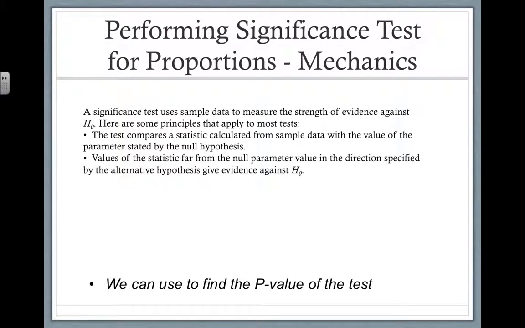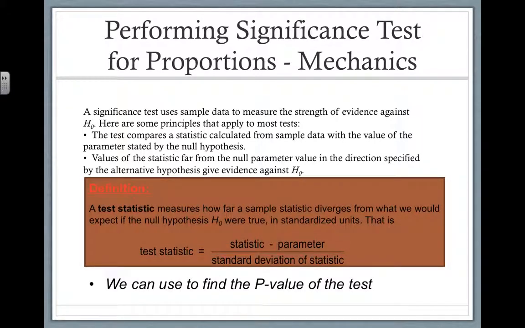Values of the statistic far from the null parameter value in the direction specified by the alternative hypothesis give evidence against the null hypothesis. It's this test statistic that we use to find our p-value, in order to measure whether we're going to reject the null hypothesis or fail to reject it.